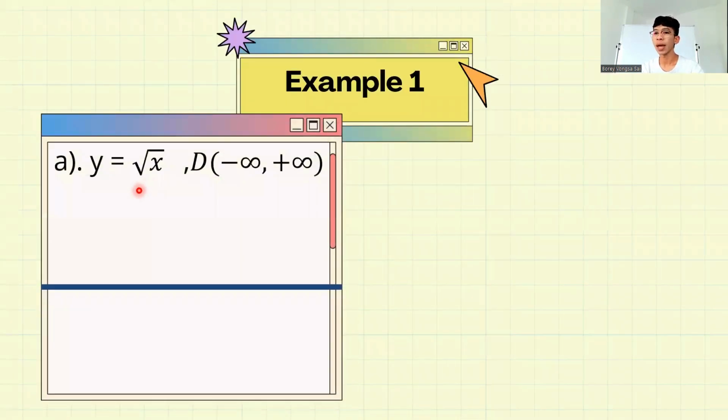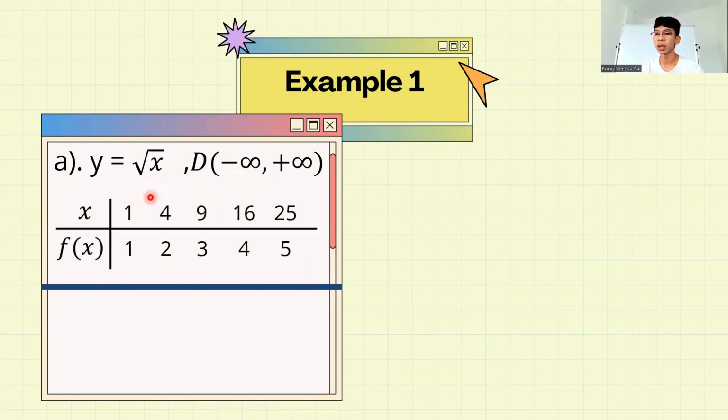We have example A, the function f equal to the square root of h, and the domain is from negative infinity to positive infinity. Here we use the value of h to get the value of f(h), from 1, 4, 9, 16, 25, and we get f(h) values of 1, 2, 3, 4, 5.